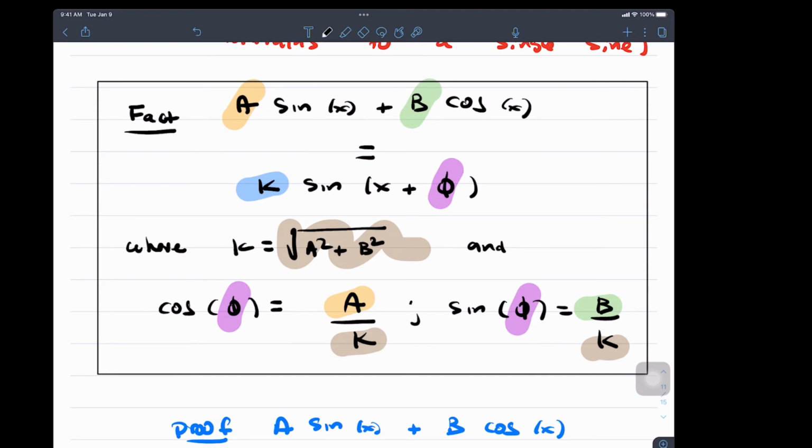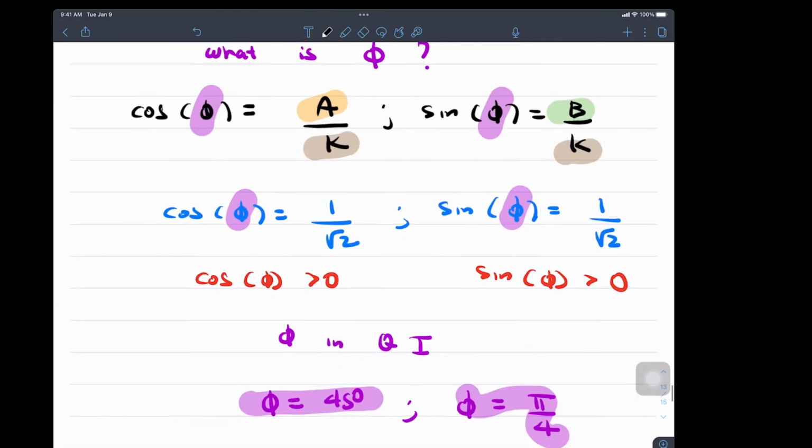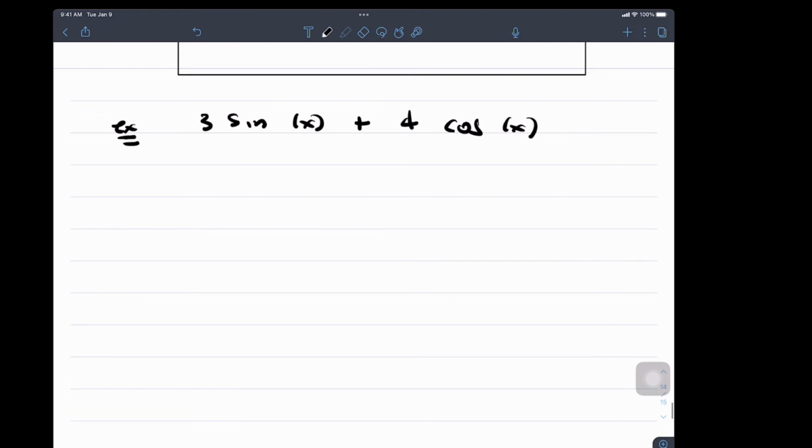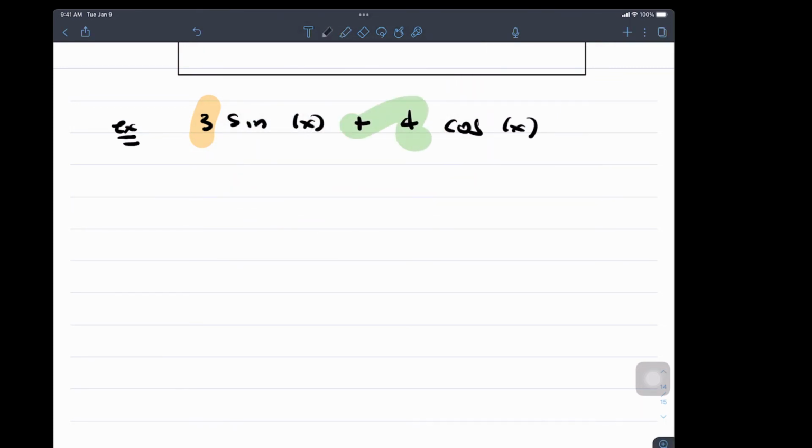Now, how do you start? Define K. What's K? Remember this? This is A, and this is B. K is going to equal the square root of 3 squared plus 4 squared.